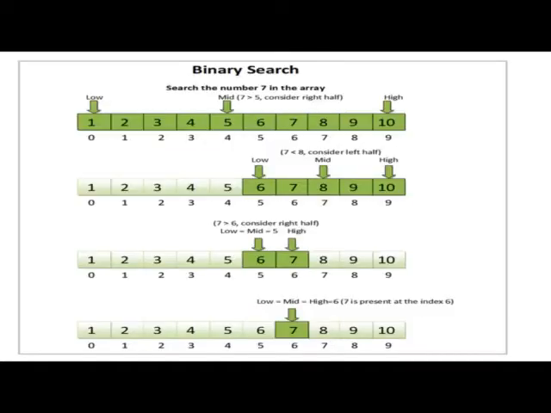So imagine this is the array, sorted array 1 to 10, and I'm looking for number 7 in this. So my low is 1, high is 10, so my midpoint is low plus high divided by 2. So that will be 11 by 2. 11 by 2 is 5.